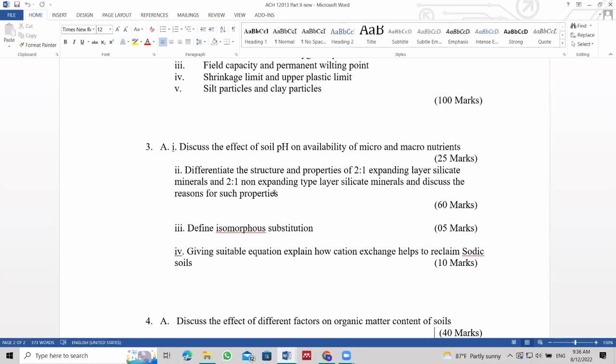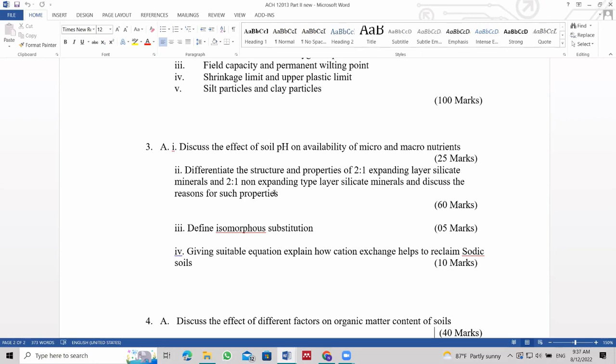Isomorphous substitutions are present in the 2:1. Then what happens? Why is that expanding and this is not expanding? How many types in 2:1? 3 types. Okay. Expanding, limited expanding, and non-expanding. So what is the difference between expanding and non-expanding?